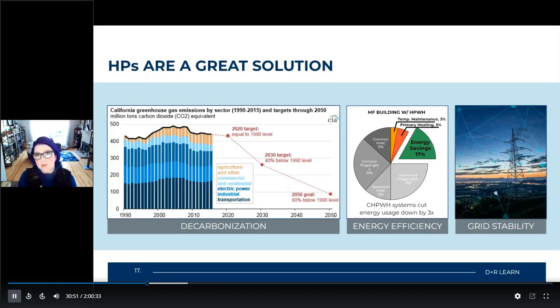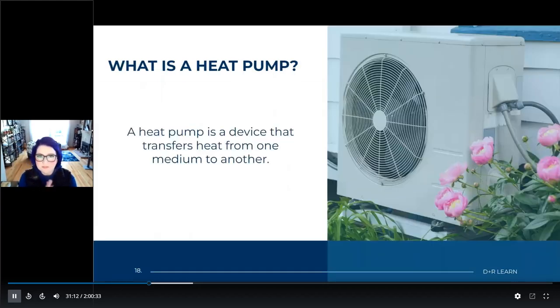And that's going to be a really important part of maintaining grid stability, having demand response capabilities, load shift capabilities, being able to cycle when it's not the peak time of use. And heat pumps can accomplish all of that, which is why we're here speaking about them today. So let's move on to the next one.